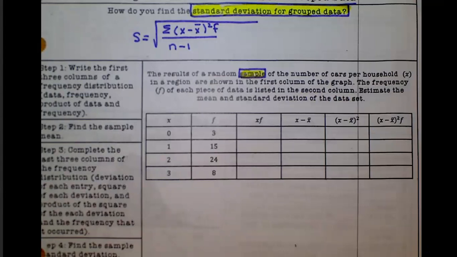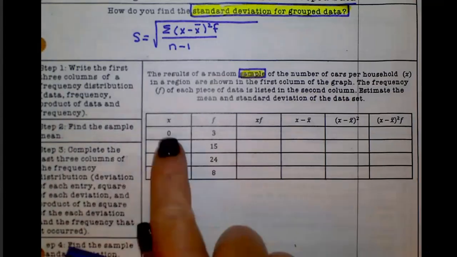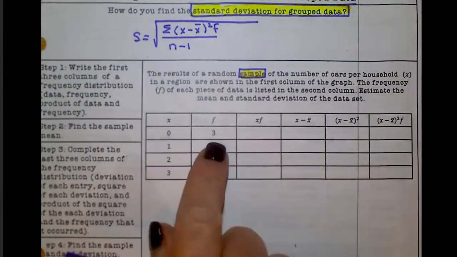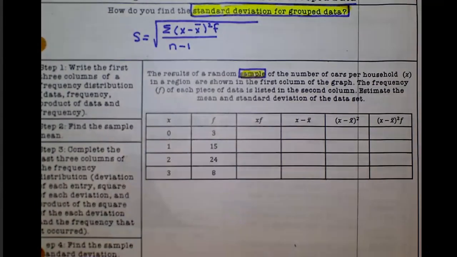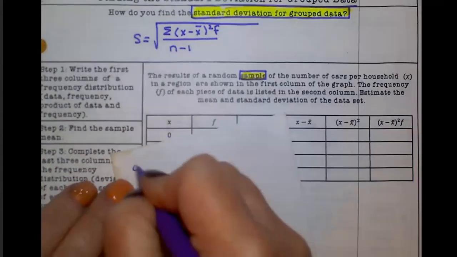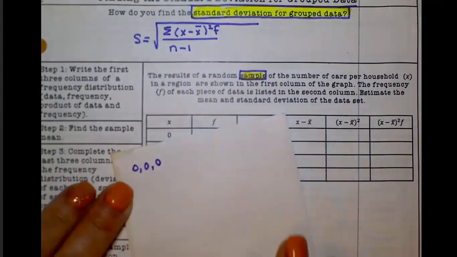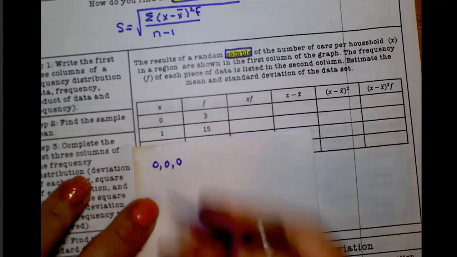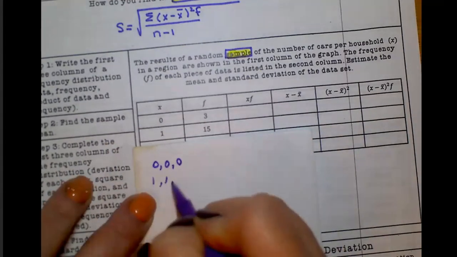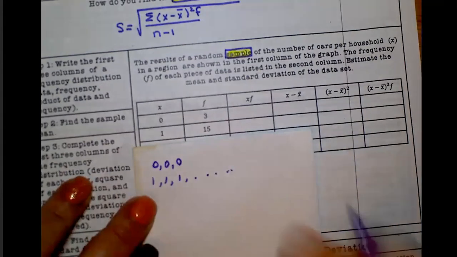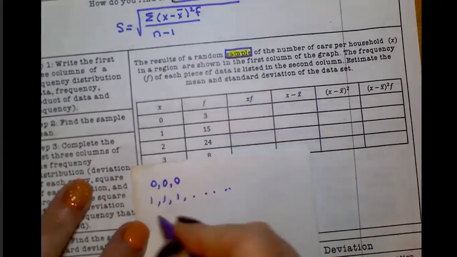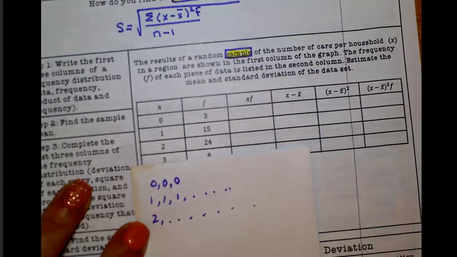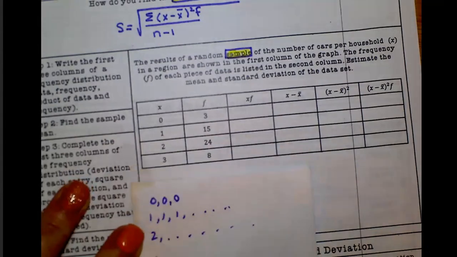So what this means is 0 occurred 3 times. Okay, so that means you have 0 three times. You have 1 fifteen times. Okay, you have 2 twenty-four times. And you have 3 eight times.